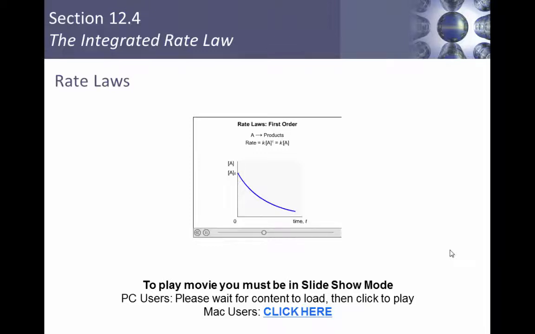The graph of concentration versus time is a curve. If the concentration data is graphed as the natural log of the concentration versus time, the result is a straight line. The rate constant, K, can be determined from the slope of the line.